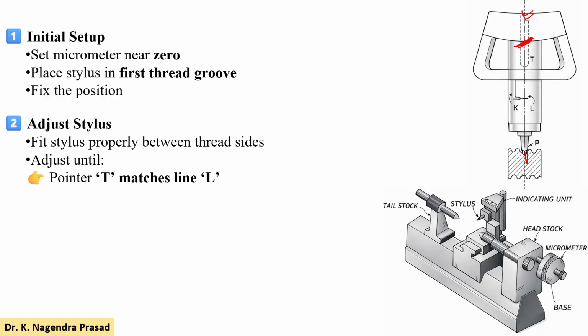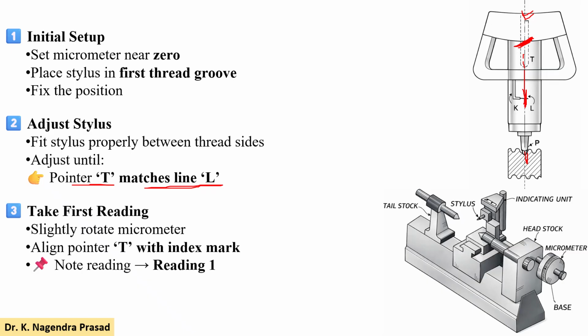We have to fit the stylus properly between the thread sides. Adjust until the pointer T matches the line L. Then take the first reading: slightly rotate the micrometer, align the pointer T with the index mark, and note down the reading, that is reading 1.